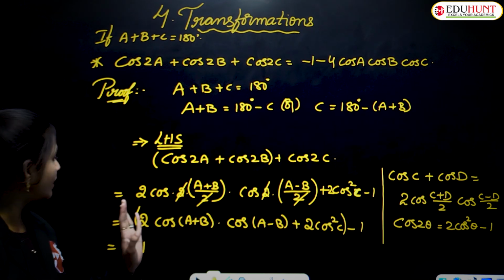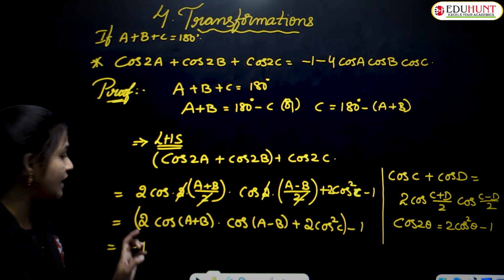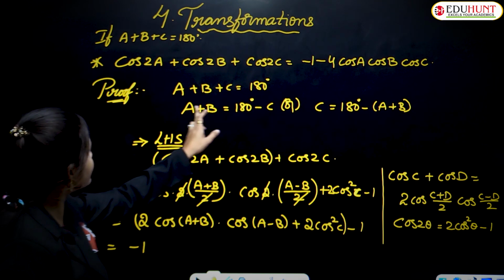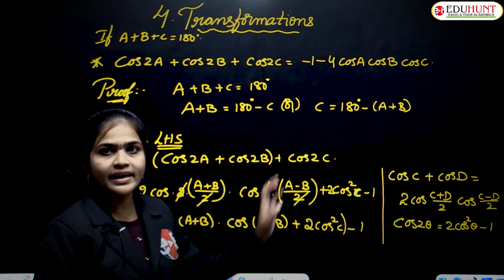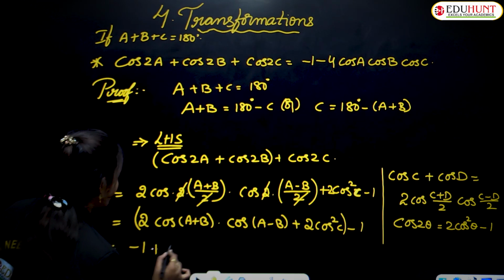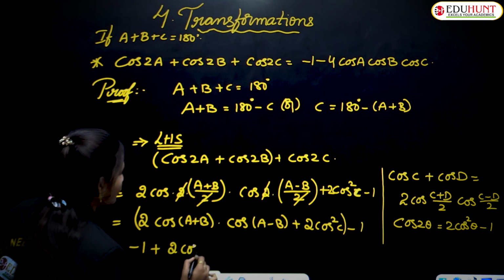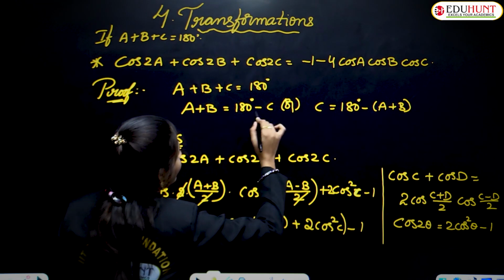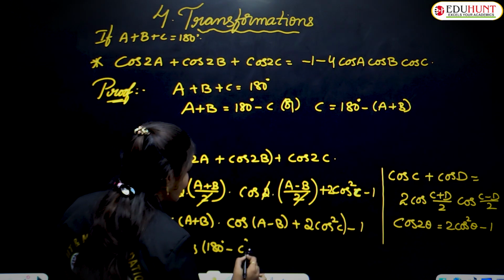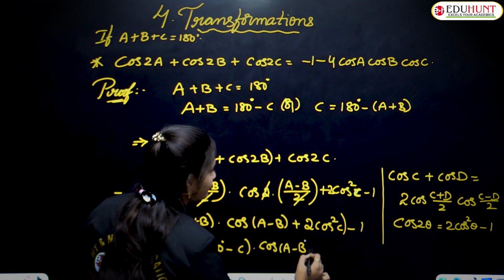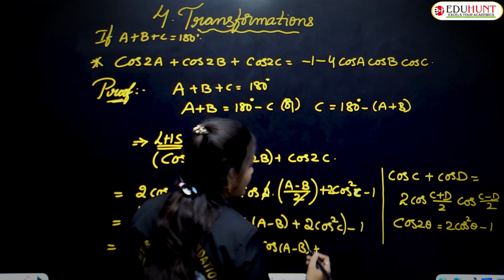But before doing that, how are we getting 2 cos c? Here just observe that a plus b is there, no? So a plus b is equal to 180 minus c. So we can write 2 cos of (a plus b) as 2 cos of (180 degrees minus c) into cos of (a minus b), plus 2 cos square c.